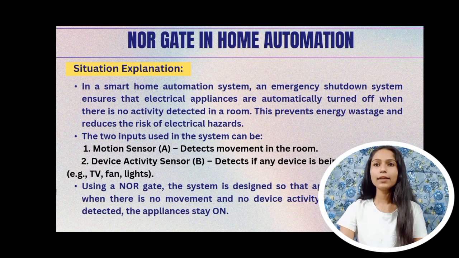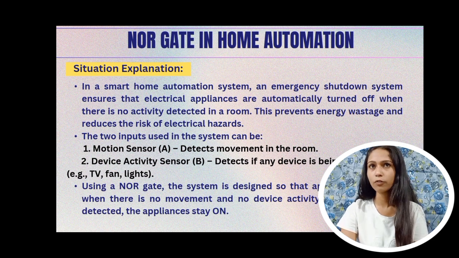Now, NOR gate in home automation. In a smart home automation system, an emergency shutdown system ensures that electrical appliances are automatically turned off when no activity is detected in the room and no motion is detected. This prevents energy wastage.